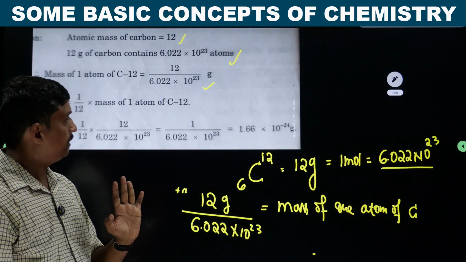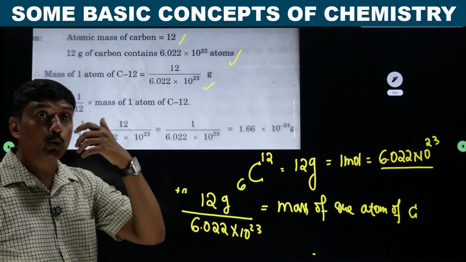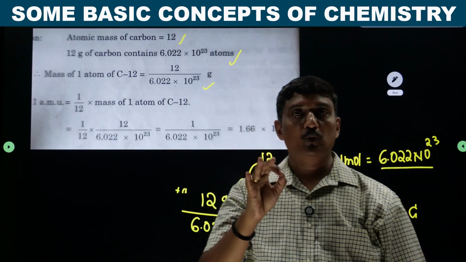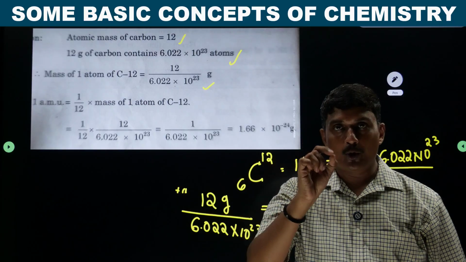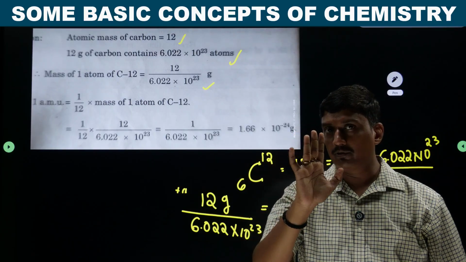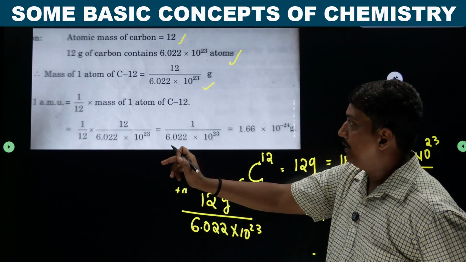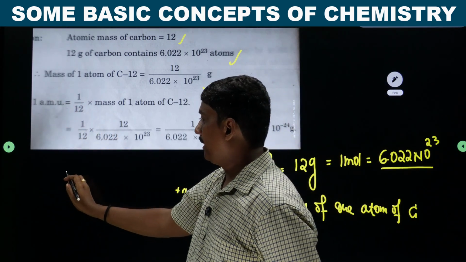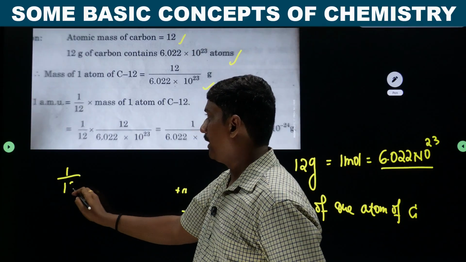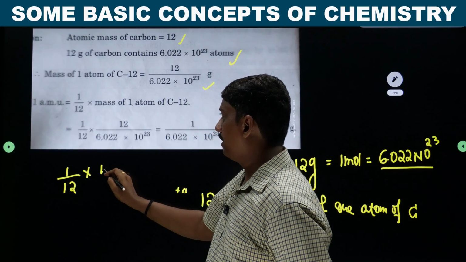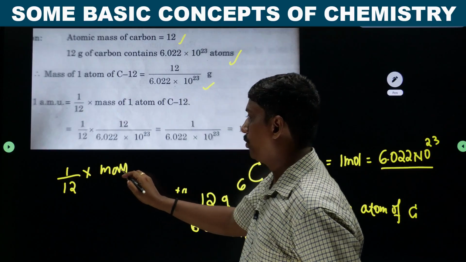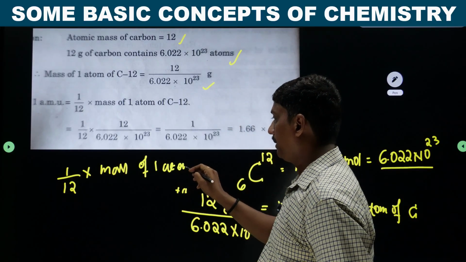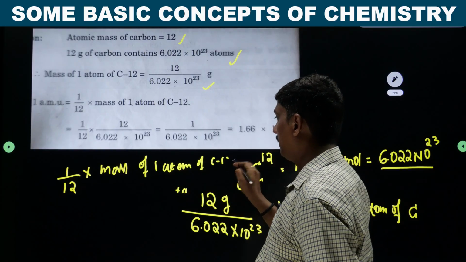Okay, fine. Then how to get the value of 1 AMU? 1 AMU means 1 atomic mass unit. Be careful here. There is a definition: 1 AMU is 1 by 12th of the mass of a carbon 12 isotope atom, that is, 1 by 12 into the mass of 1 atom of carbon 12.